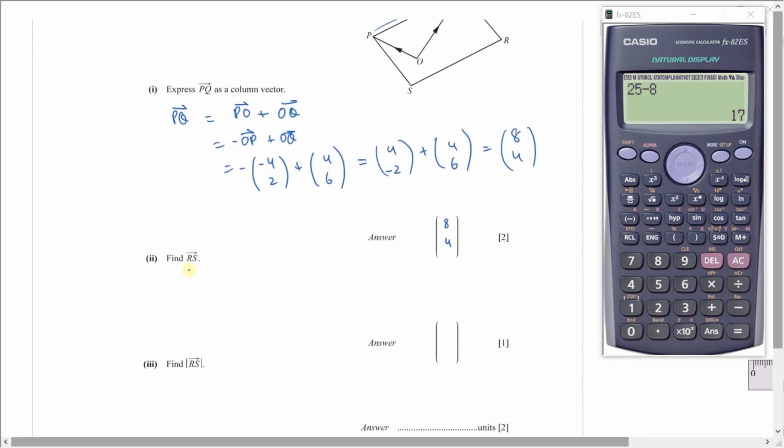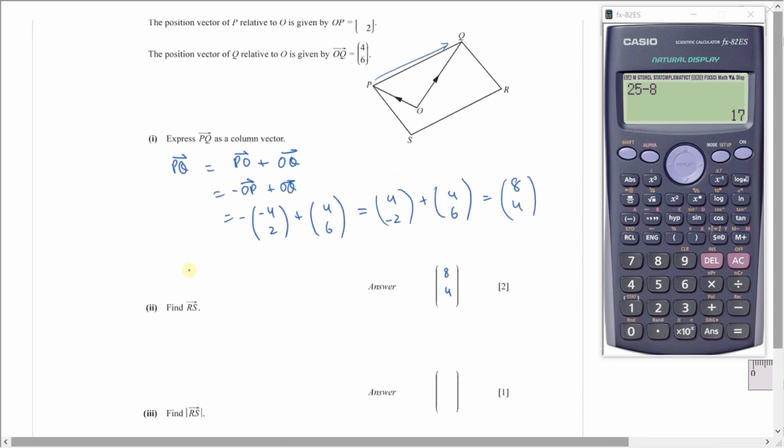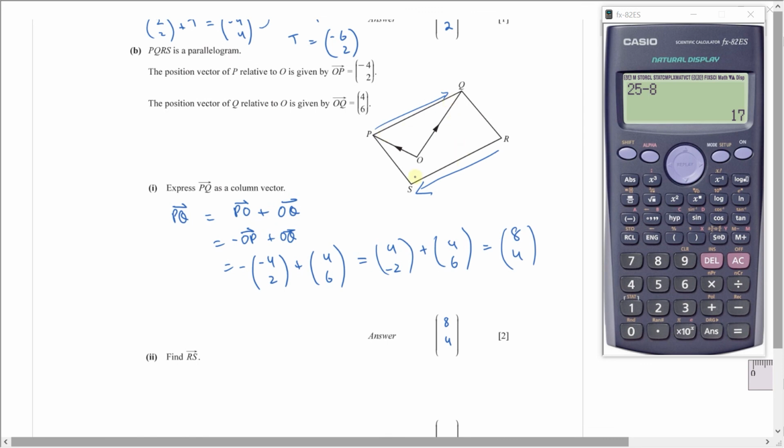The next part is find RS. So RS is this vector in this direction. Since we are given that PQRS is a parallelogram, that means vector PQ is equal to vector SR. But we are looking to find RS. PQ is in this direction, RS is in the opposite direction.